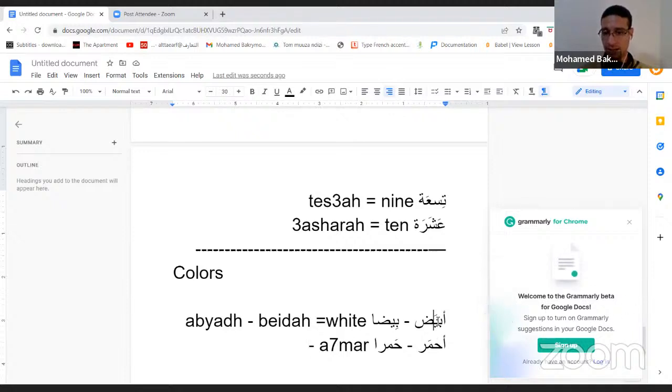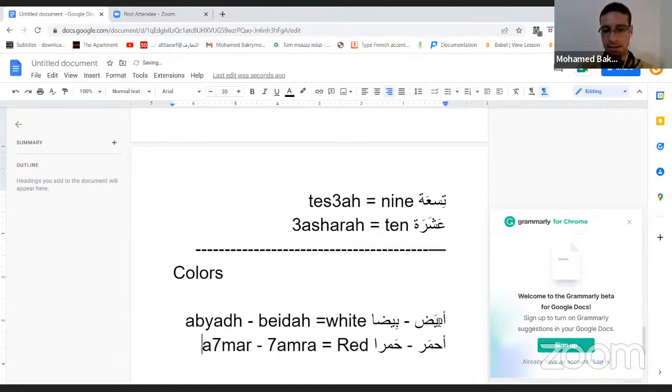The ya in أبيض is not used here as a vowel because I have this short vowel above, so it's pronounced like ya, أبيض. And here I don't have any long vowels, so it's أحمر, pronounced quickly. And then حمراء is the feminine form.